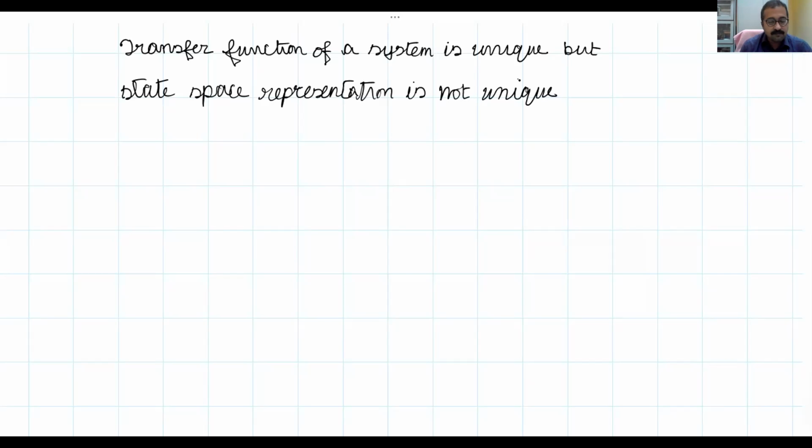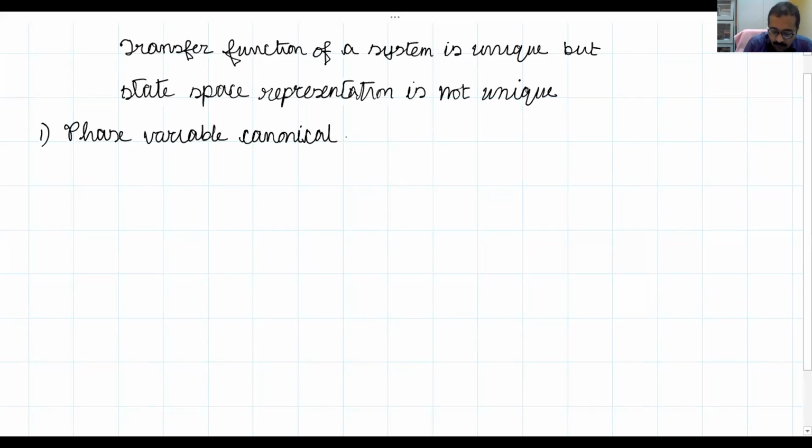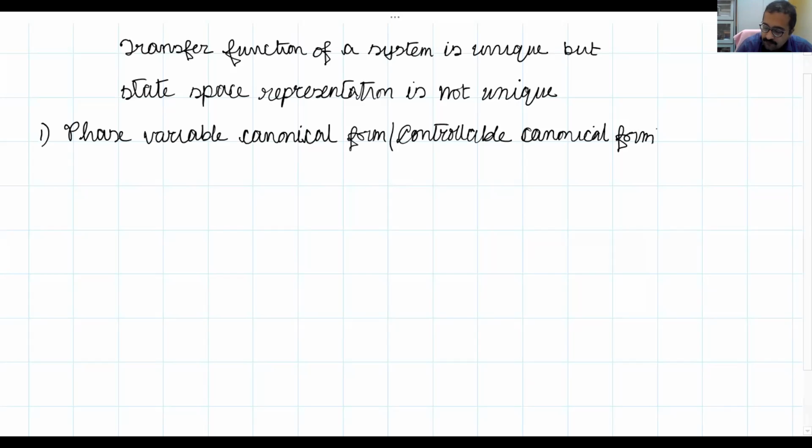We are going to see mainly two types of standard forms or canonical forms. The first one is called the phase variable canonical form, or controllable canonical form.